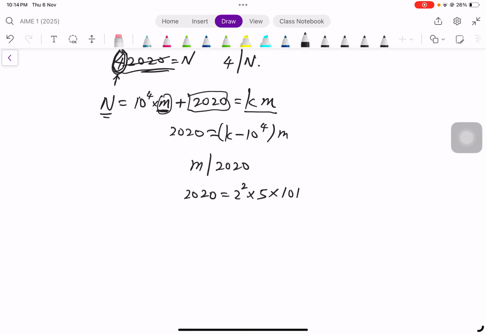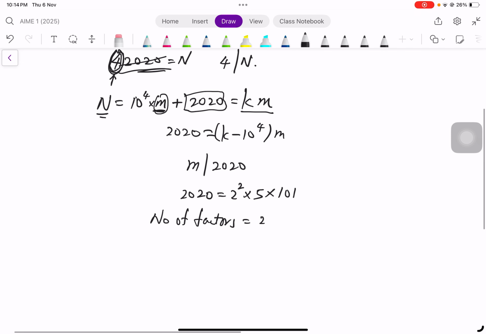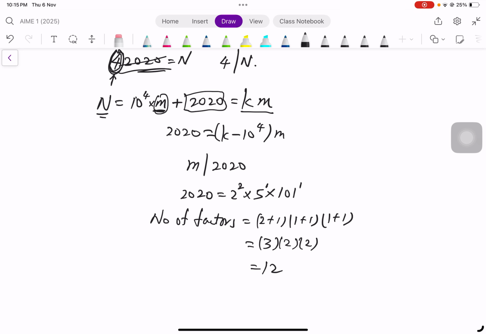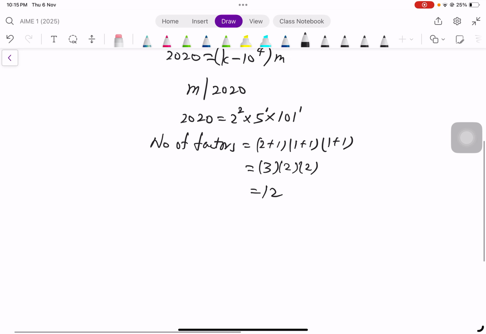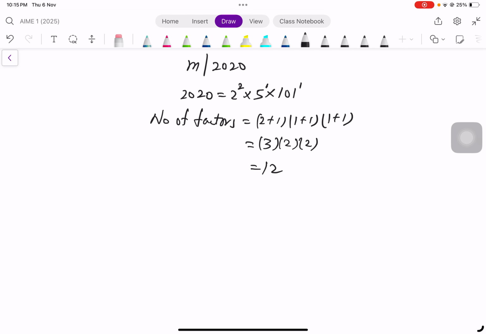The number of factors will be just equal to 2 plus 1, times 1 plus 1, times 1 plus 1. In total, that will be 3 times 2 times 2. Therefore, there are 12 factors, which means there are 12 cases for us to study.